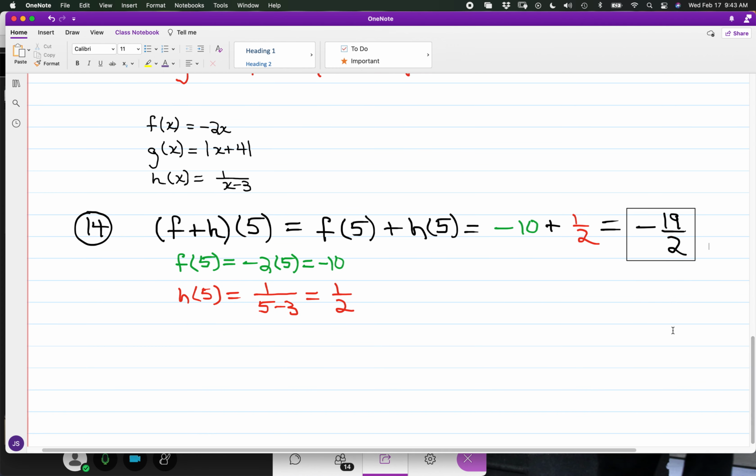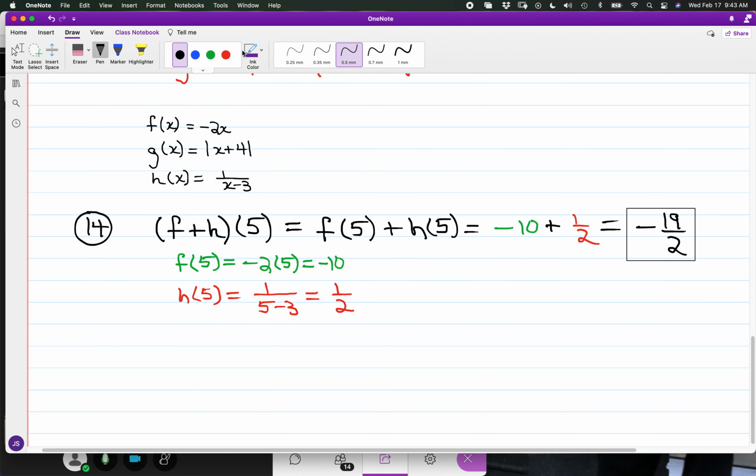Now for number 16, this time we have h over f of 7. So here we have h of 7 all over f of 7.